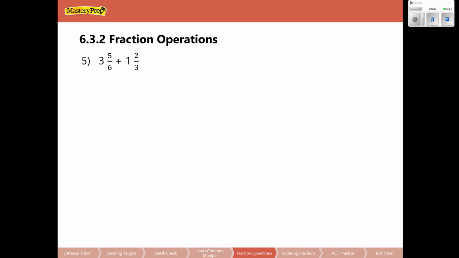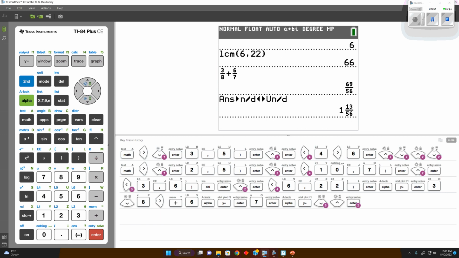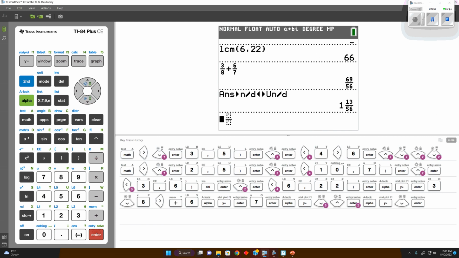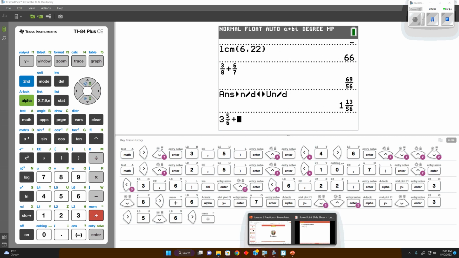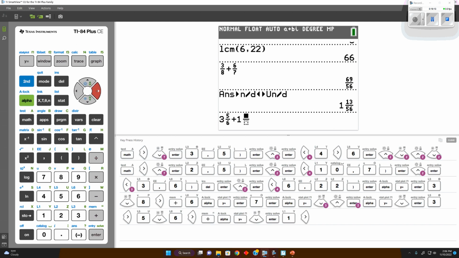Now, this one here, we can do improper fractions. So 3 and 5/6 plus 1 2/3. On the graphing calculator, alpha y equals, if we do the second one down instead of the first, so 3 and 5/6 plus 1 2/3. We can do the same thing. Alpha y equals, go down, 1 and 2/3.